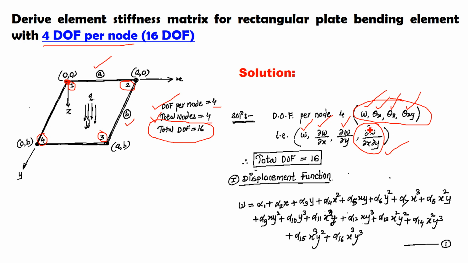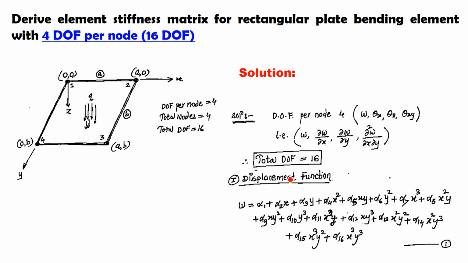So due to this second order derivative of deflection, this element is called the C2 continuity element, right? So 4 degrees of freedom per node, total degrees of freedom are 16.